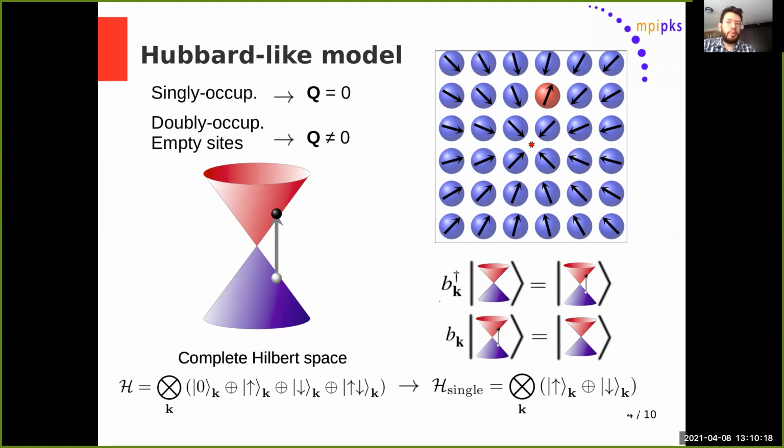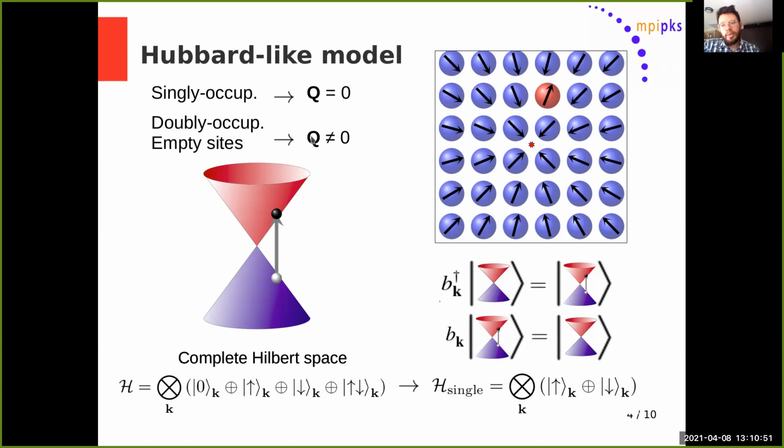So then when you go to the momentum space, you obtain a lattice, actually. It would be similar to a real space lattice, but in momentum space. And then we will focus only on Q equals zero excitations, not on Q different to zero excitations. So when you go to the momentum lattice, you can understand the Q equals zero excitations as fermions that are occupying only one site, a single occupied state.